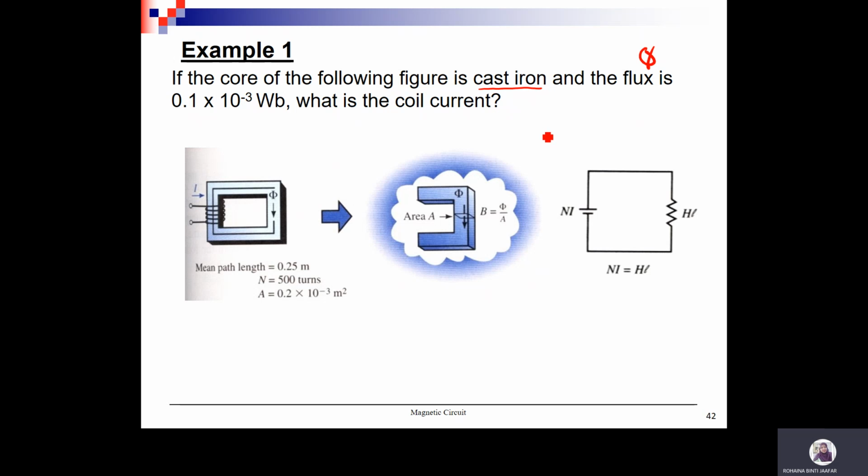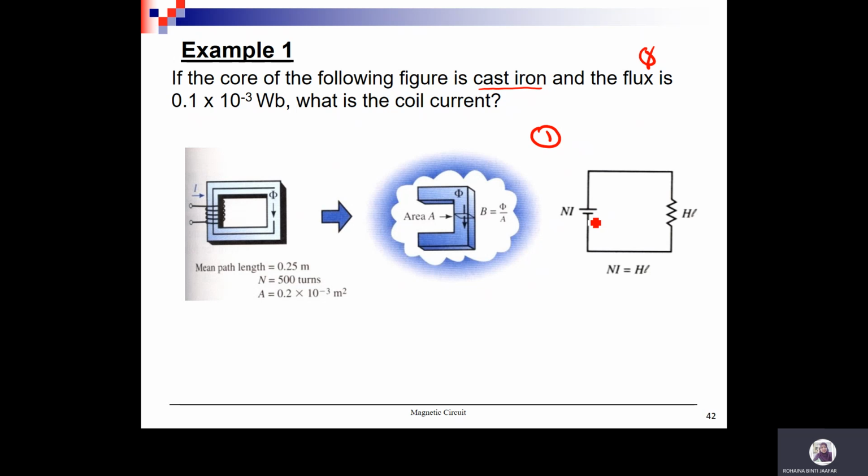Okay, so first step, you have to draw the Ampere circuital drawing. So you have one source here, and this is how you draw the source, same as electrical circuit analysis.